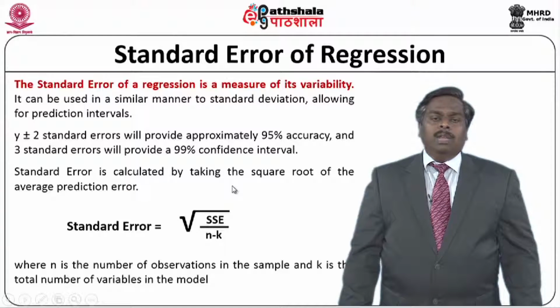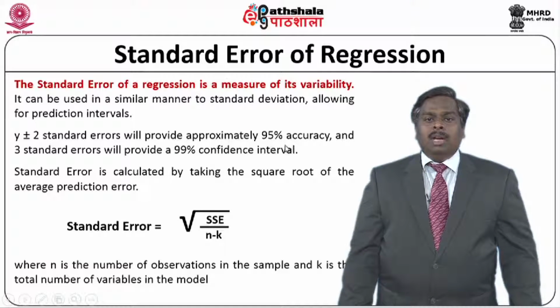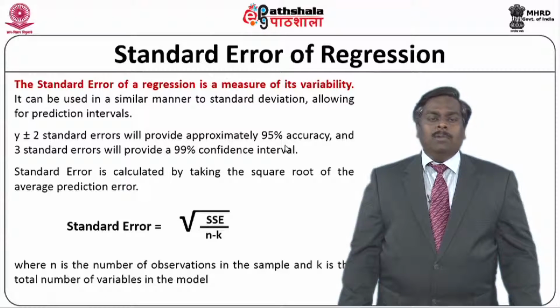We can determine the accuracy based on, say, y plus or minus 2 standard errors, which normally provides a small error, and we may get up to 95% accuracy. Suppose we use y plus or minus 3 standard errors, we may end up with a 99% confidence interval. So, the percentage of the standard error will help us to understand to what extent our model is accurate or not.